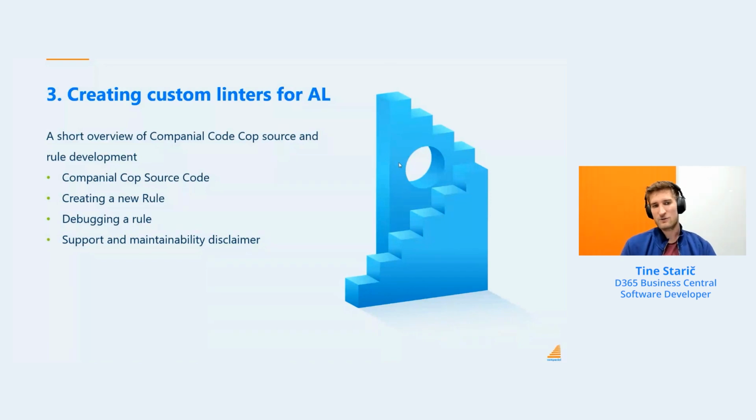We're going to go through that source code in Visual Studio, and I'm going to show you what are the main points that you need to be aware of when you're creating a new rule. And finally, I'll show you how you can debug a rule. This part of the presentation is going to get quite a bit more technical, but I don't want you to be afraid of this part.